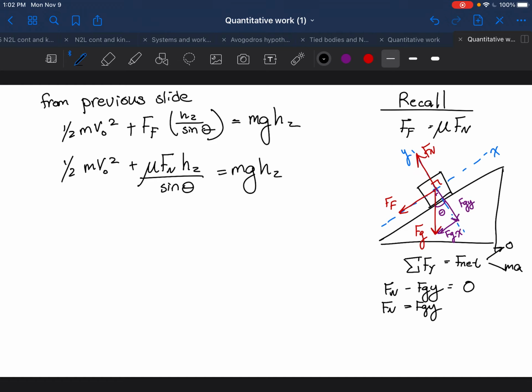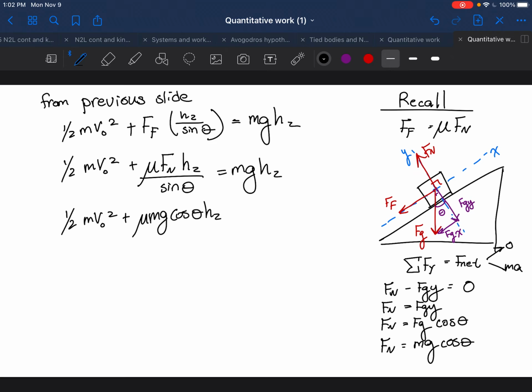Fgy is the adjacent side of this triangle, so it's going to be the hypotenuse, Fg, times the cosine of the angle, or that Fn equals mg cosine of theta. So a quick review of the last section of forces there. So I can make that substitution: 1/2 mv0 squared plus mu mg cosine of theta h2 over the sine of theta equals mg h2.